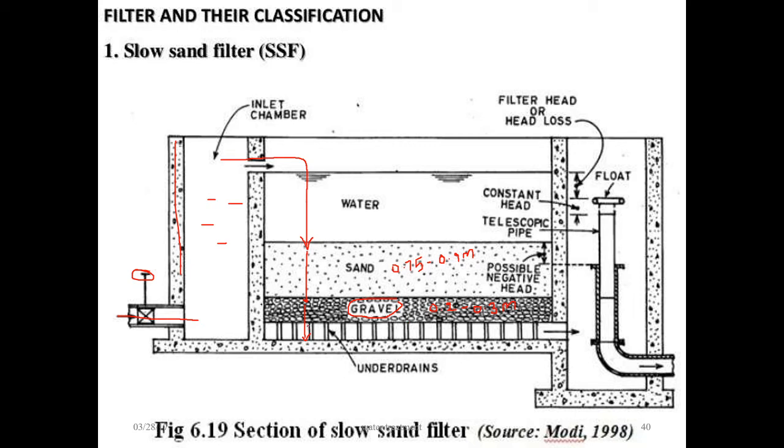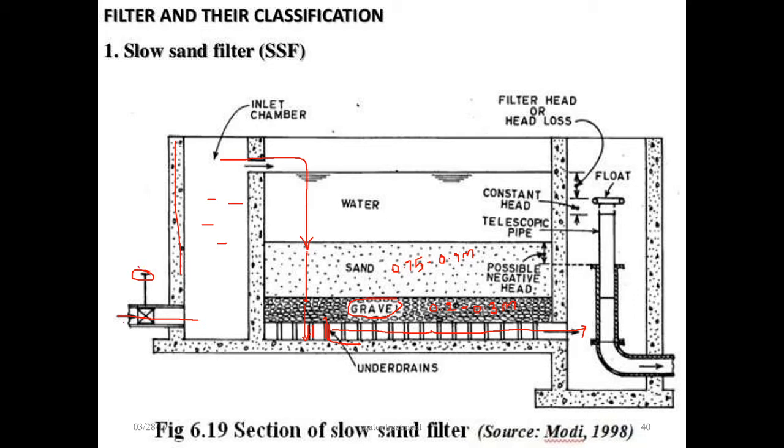Okay, these are the drains. These are the vertical under drains. From these, water slowly percolates and goes towards the outlet chamber. This is the outlet chamber. Water comes from the inlet chamber.